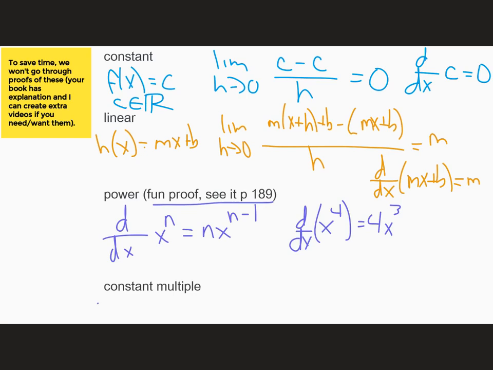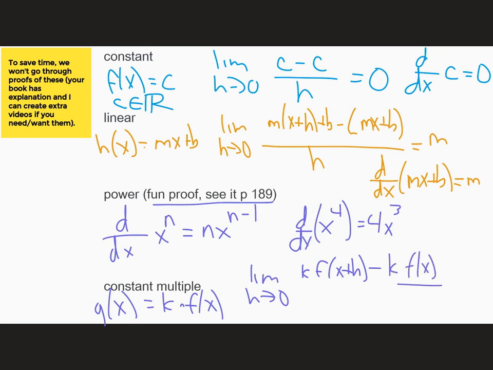Constant multiple. Suppose we have g of x equals k times f of x. You'd set up your limit as h goes to 0 of g of x plus h, which would be k times f of x plus h, minus k f of x, all over h.